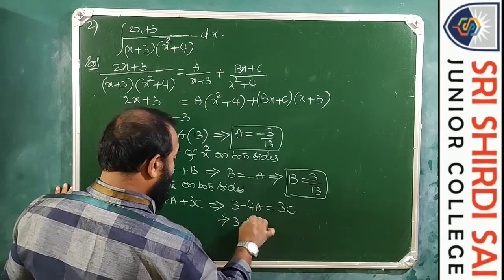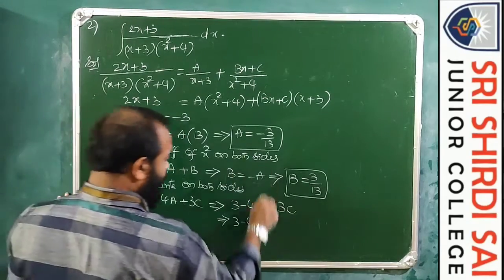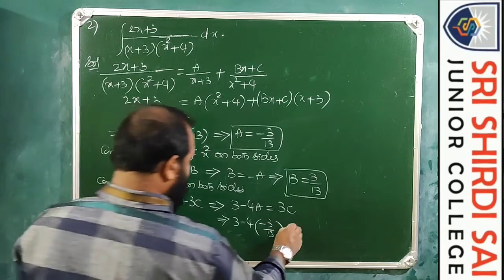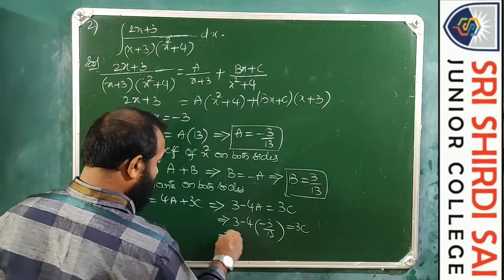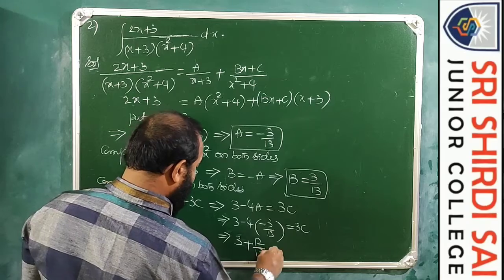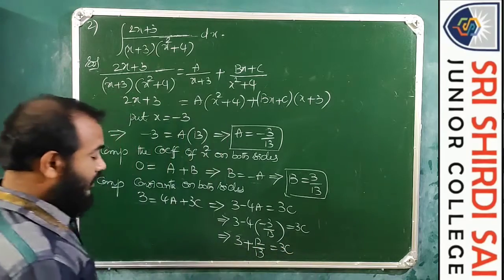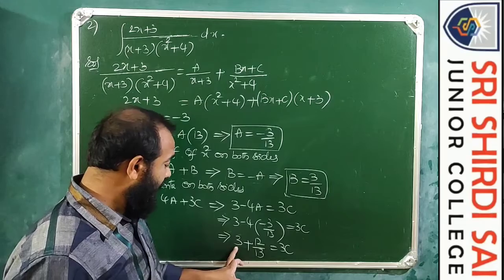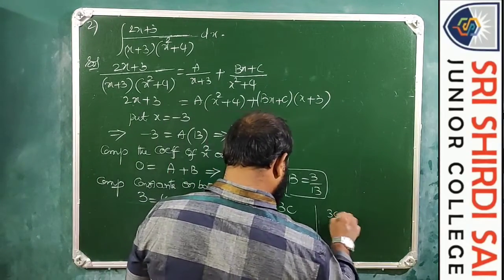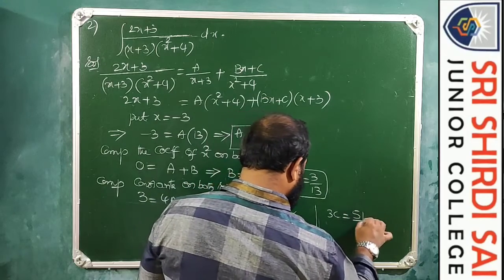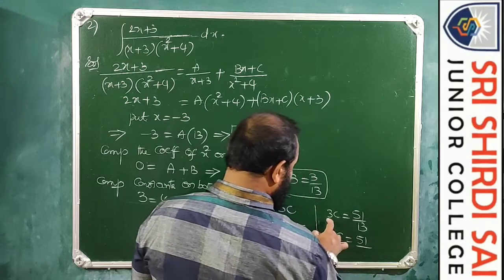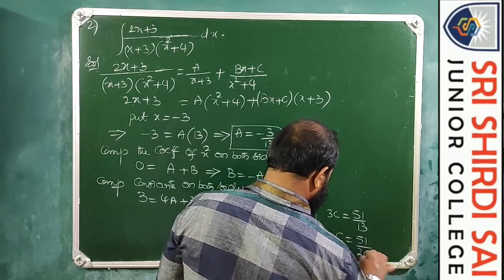So 3 minus 4 into the value of A, which is minus 3 by 13, is equal to 3C. So this is 3 plus 4 threes are 12 by 13 is equal to 3C. 13 threes are 39, 39 plus 12, 51. So 3C is equal to 51 by 13. Therefore C is equal to 51 by 13 threes, 26.